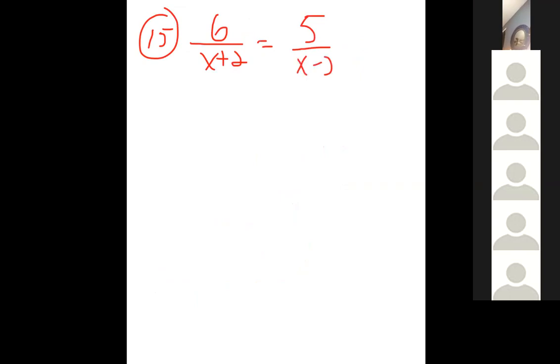Number 15. For 15, I've got 6 over x plus 2 is equal to 5 over x minus 2. Now, for this one right here, we have two equivalent fractions. When you have two equivalent fractions, we refer to this as a proportion. When you have a proportion, you can go ahead and cross multiply it in order to solve it, guys.